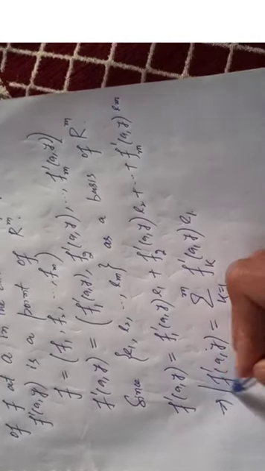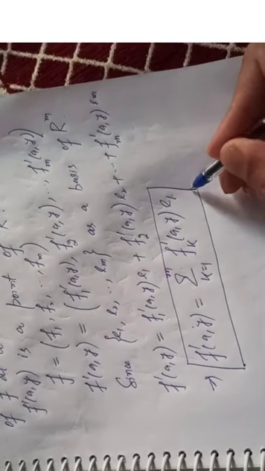So this is the expression for the directional derivative of a vector field. We can write this directional derivative component-wise. This is the expression for the directional derivative of vector field f at a in the direction of y.